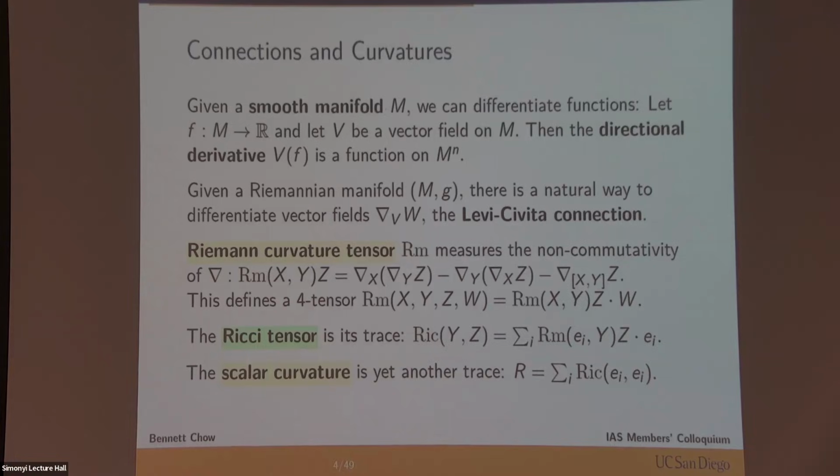From that, we can define sectional curvature associated to two-planes in the tangent space. If we take a line in the tangent space, then we can average over all two-planes passing through that line to get the Ricci tensor. This is a symmetric two-tensor, just like the Riemannian metric. We can trace once more to get the scalar curvature, which is a function on the manifold.